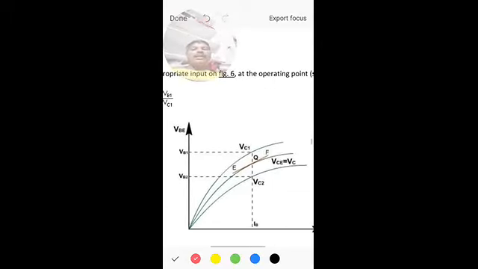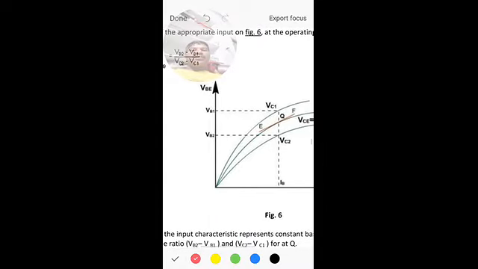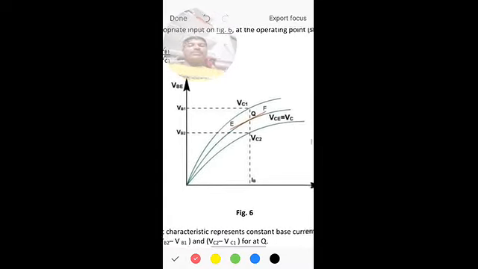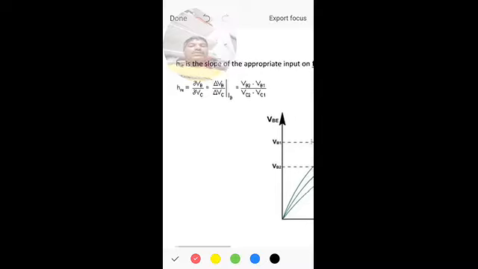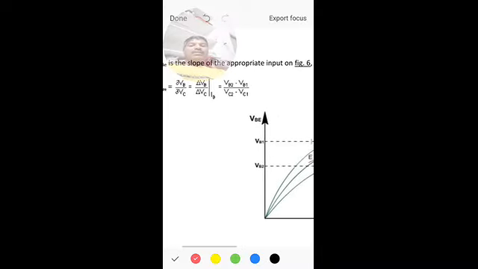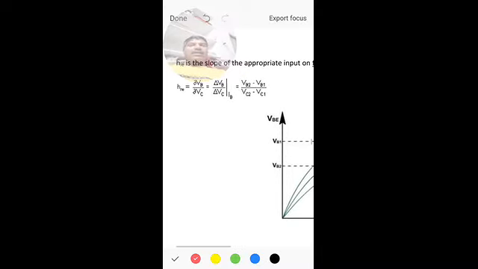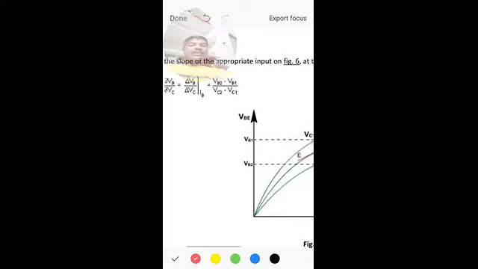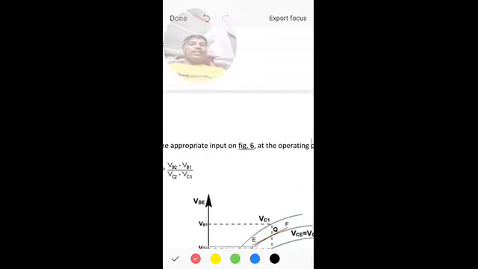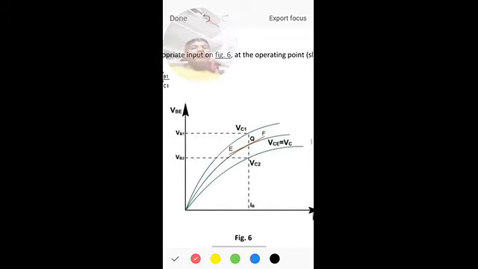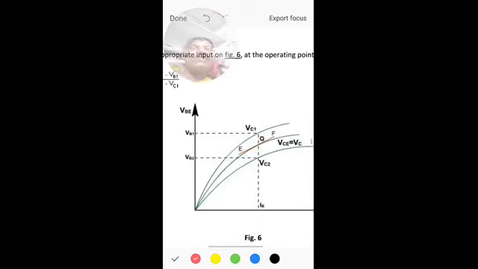From the input characteristics, it is the plot showing the relationship between input voltage and input current. So the reverse voltage gain is the ratio of delta VB by delta VC, keeping IB constant.